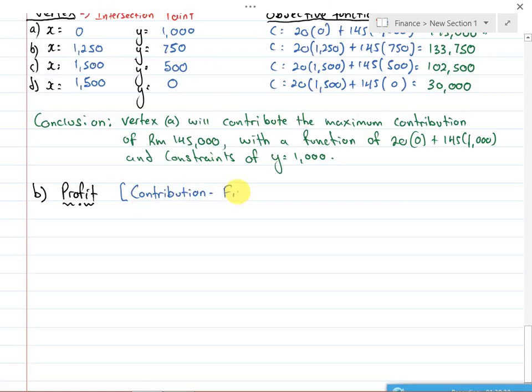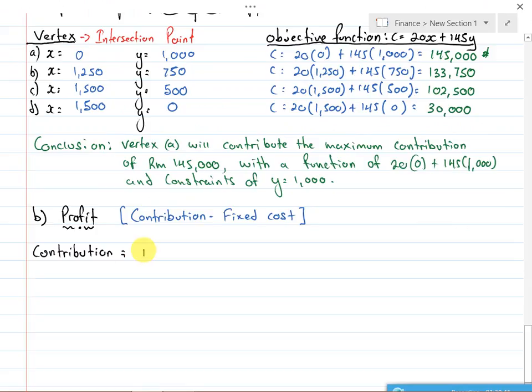So same thing over here. Our highest contribution is going to be how much? 145,000, less your what? Fixed cost.